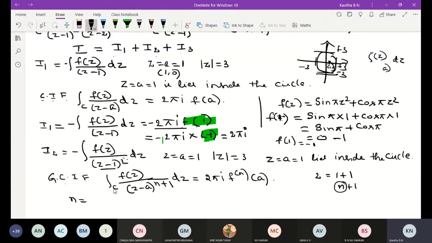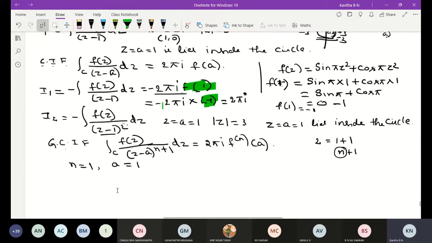So n is equal to 1 and a is equal to 1. Then apply these values in Cauchy's integral formula. My I2 is equal to minus integral over c of f of z divided by z minus 1 whole square dz.